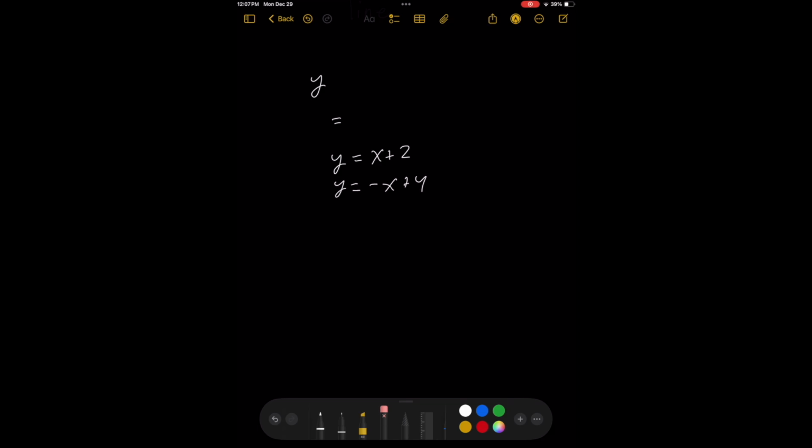Something like this. And the question that is being asked here is, what points make both equations true?